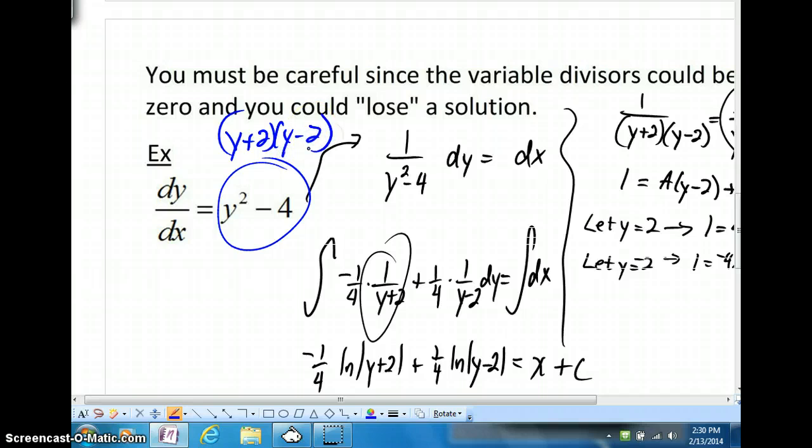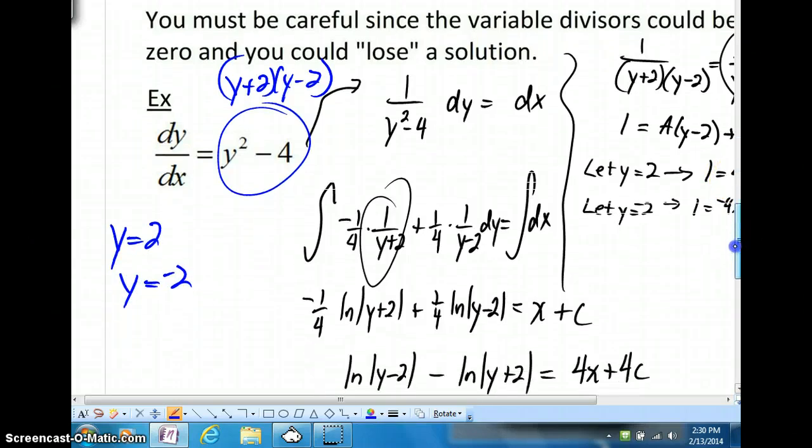And we talked about making phase portraits, didn't we? I'm not asking you to make a phase portrait, but can you envision two constant solutions coming from this autonomous differential equation? What would they be? Y equals 2. Y equals negative 2.